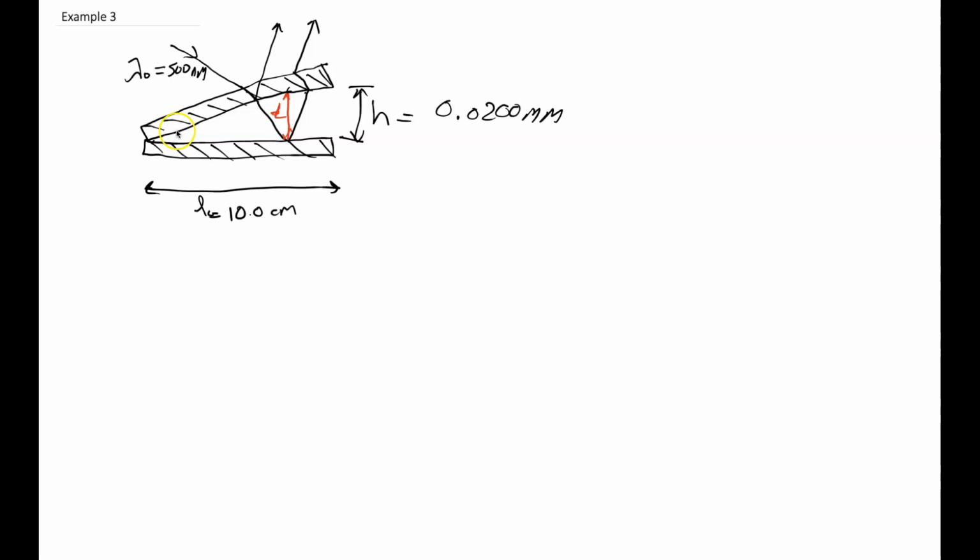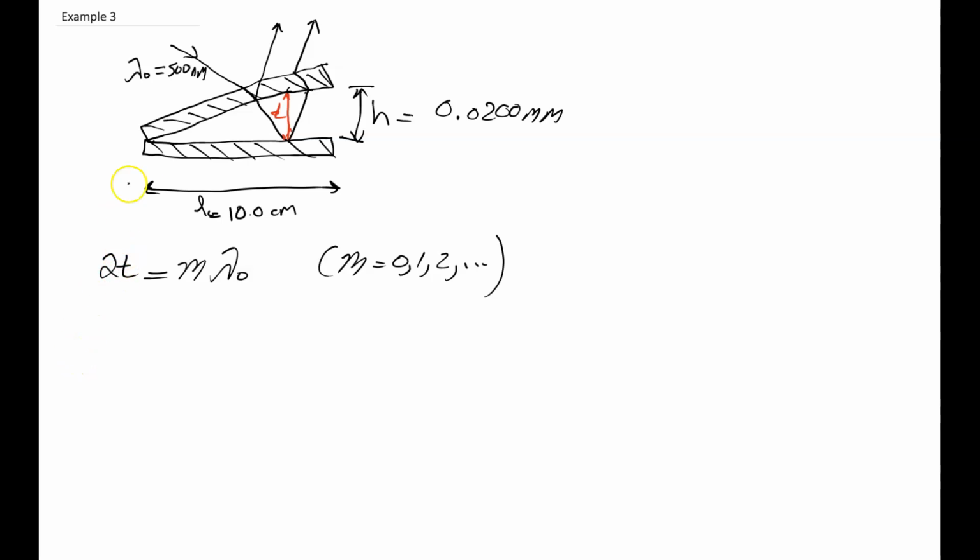Since only one of the reflected waves undergoes a phase shift, destructive interference can be used with the fact that 2t is going to be m times lambda 0, where m equals 0, 1, 2, and so on.